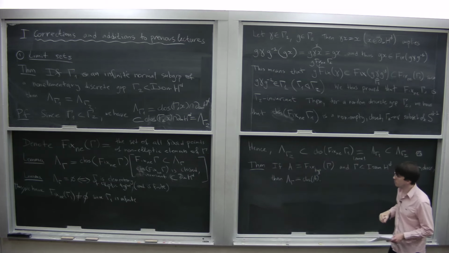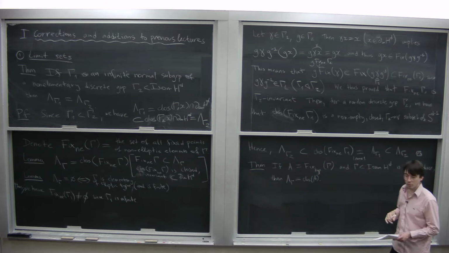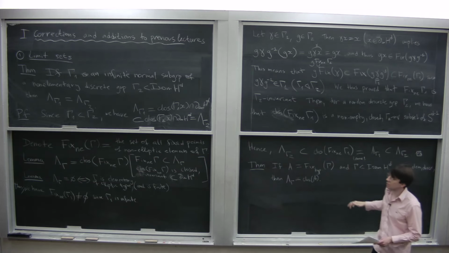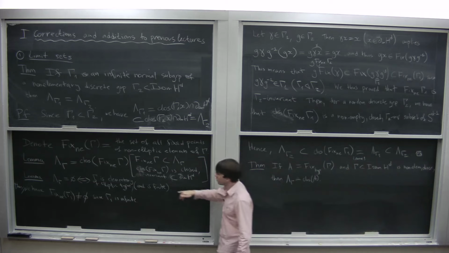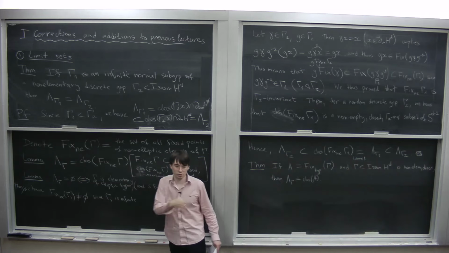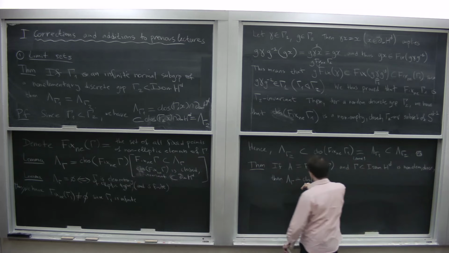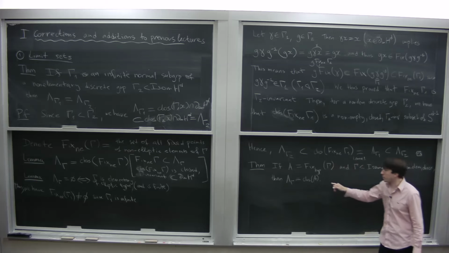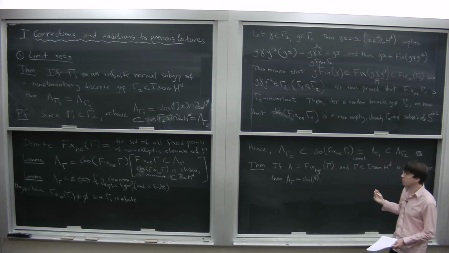So it is in fact enough to take all hyperbolic elements sitting in the discrete group gamma. You don't need all non-elliptic ones, right? You can just consider a smaller subset and take its closure. Yeah, also a pretty nice fact. But in fact, it can also be proved along the same lines.